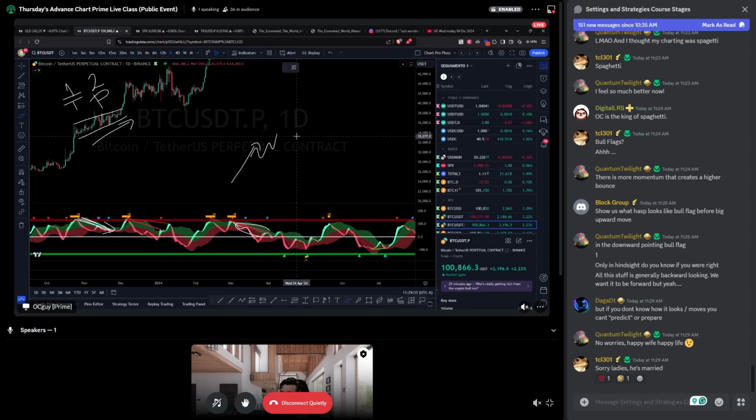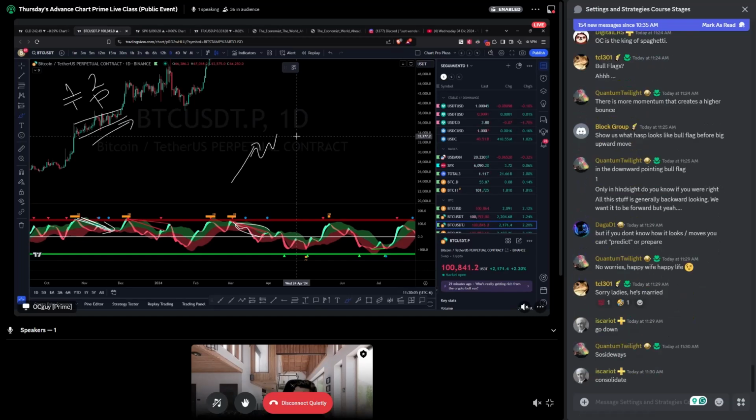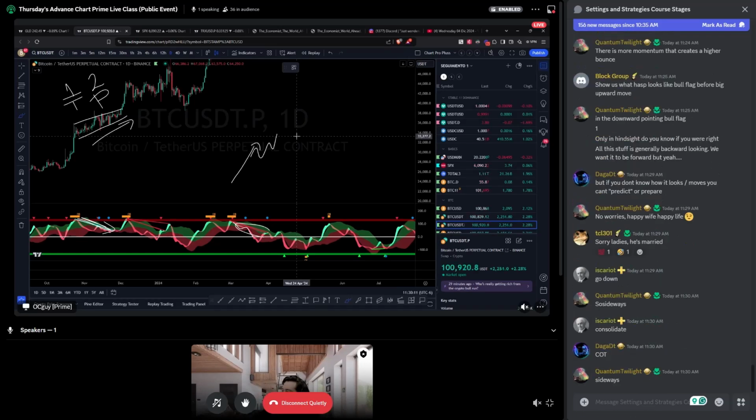Now that we know the two solutions, what is it? Go down, exactly, that's one, or sideways. Yes, sideways, exactly. Correction over time, there you go. That's a better definition. Correction over time, which is usually sideways, slightly tilted up, slightly tilted down, flat, doesn't matter, right?